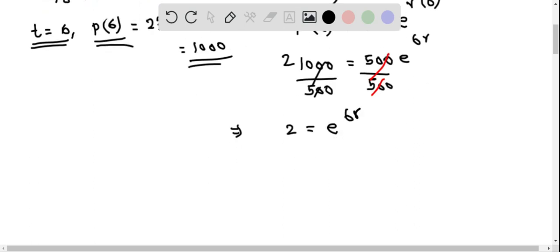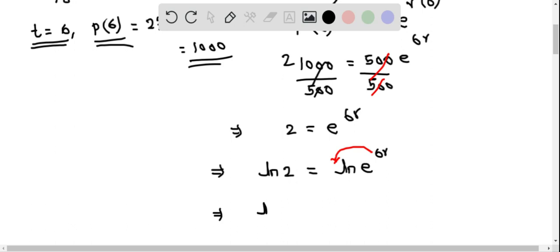Now I'm going to apply natural logarithm to both sides. When I do that, I get natural logarithm of 2 equals natural logarithm of e raised to the power of 6r. Now we use the properties of natural logarithm, that is this power comes in front and gets multiplied with natural logarithm of e.